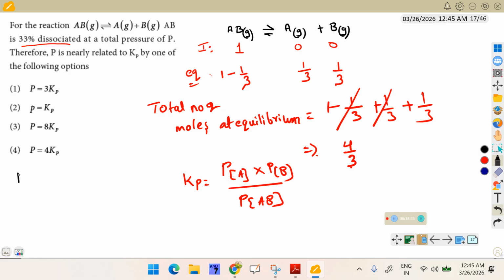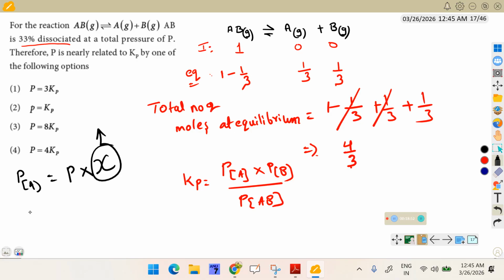We know that according to Dalton's law, partial pressure is equal to total pressure into mole fraction. How to calculate mole fraction? Mole fraction formula is number of moles of the given component by total number of moles of all components.